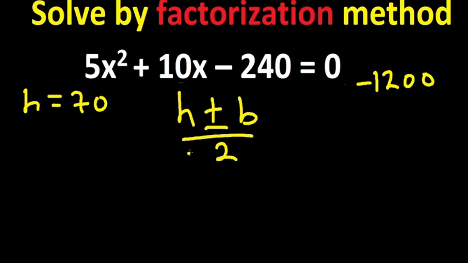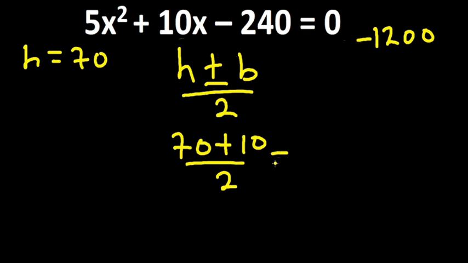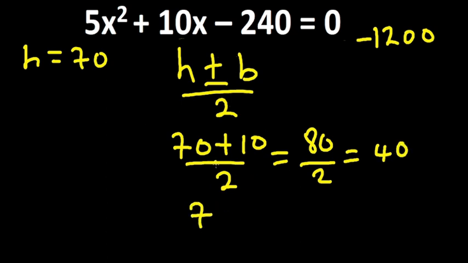So let's do that. We have h, which is 70, plus b, which is 10, over 2. It's going to give us 80 over 2, which is equal to 40. Then the second one, let's subtract it. 70 minus, because plus or minus, 10 over 2.